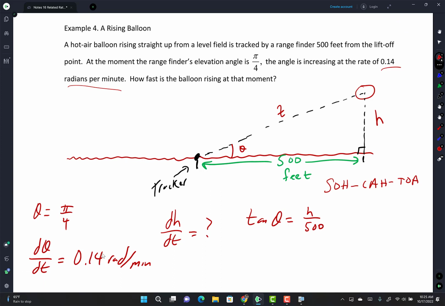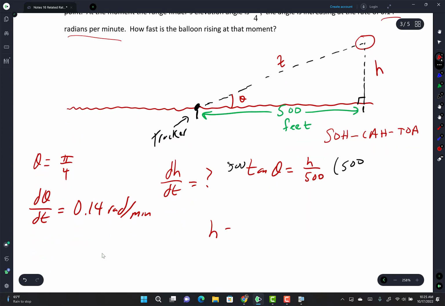In previous instances, I would actually say to just take the derivative immediately, but on this one, it looks like it would be easier to get the h by itself, so I'm going to multiply both sides by 500. So here's what we have. I'm going to write h first. I'm going to have h equals 500 tan theta. Are we okay, guys? All right, now I'm ready to take a derivative with respect to what?